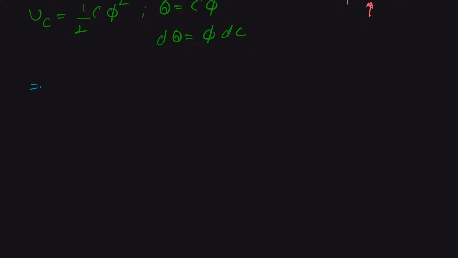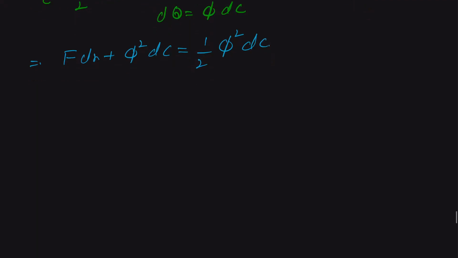Therefore we can write that F dx plus phi square times change in capacitance is equal to half phi square times change in capacitance, and we can rewrite this equation as F dx will be equal to minus, we can just solve this, minus potential square change in the capacitance.